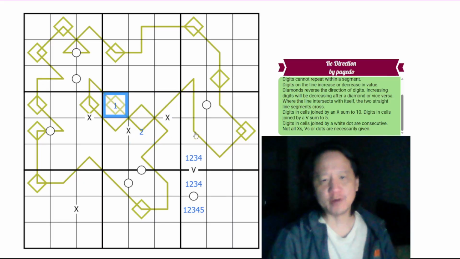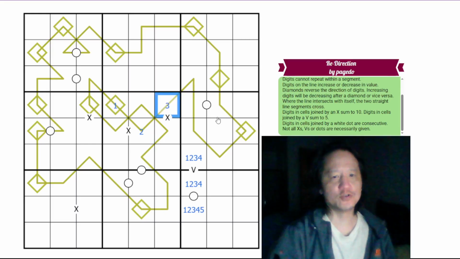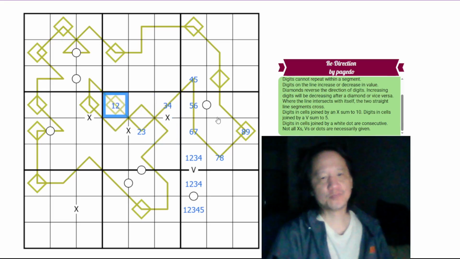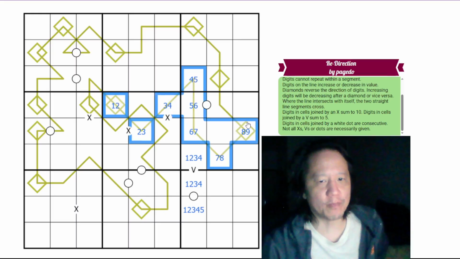So if this is small going to large here, this is at minimum 1, minimum 2, minimum 3, 4, 5, 6, 7, and 8. And this is maximum of 9, 8, 7, 6, 5, 4, 3, and 2. So this is how I typically use thermometers here.